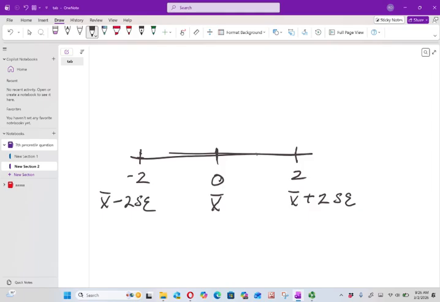If I come in 1 standard error, average minus a standard error, that's minus 1, is the average minus a standard error, and all I have are different pieces that I can bet on.